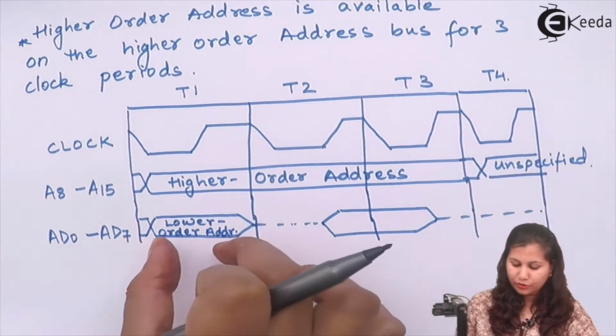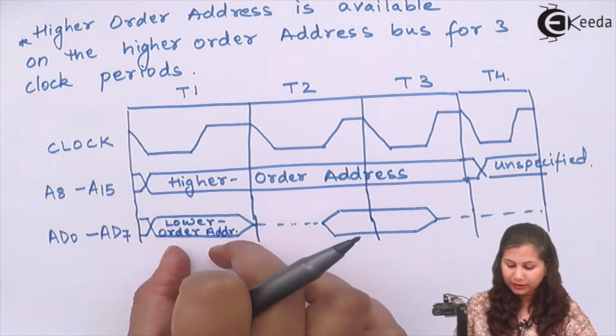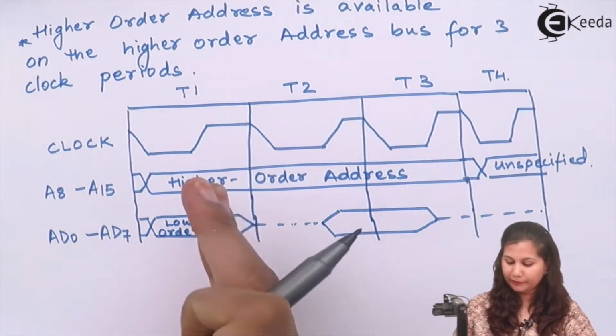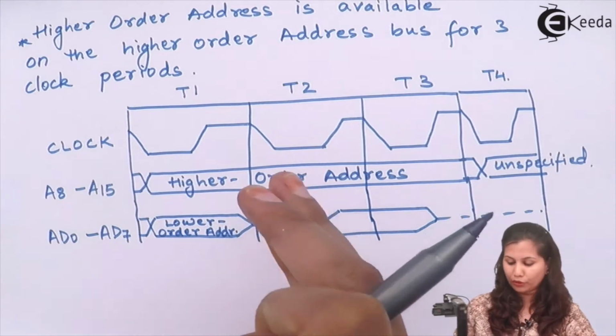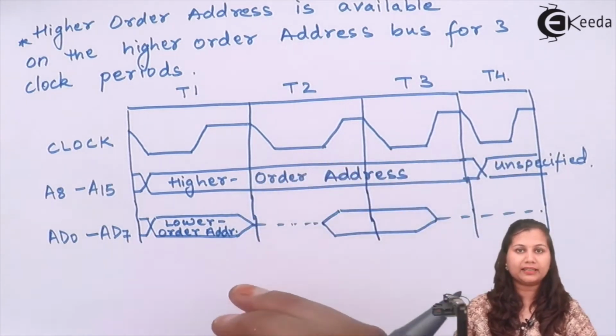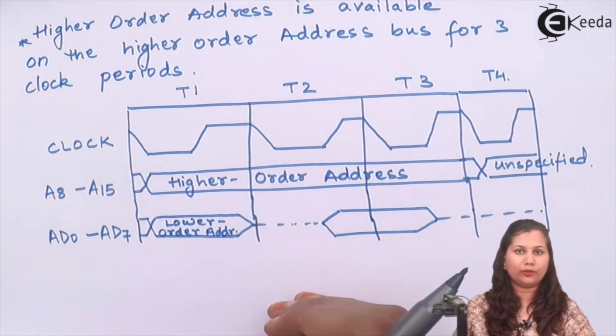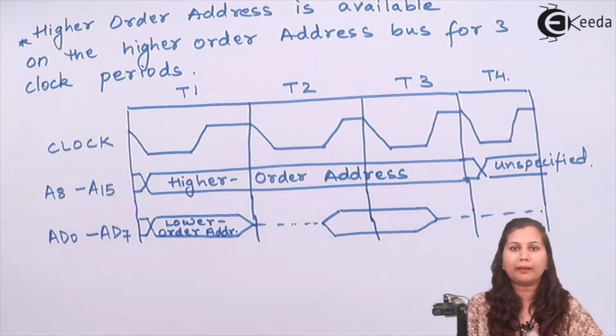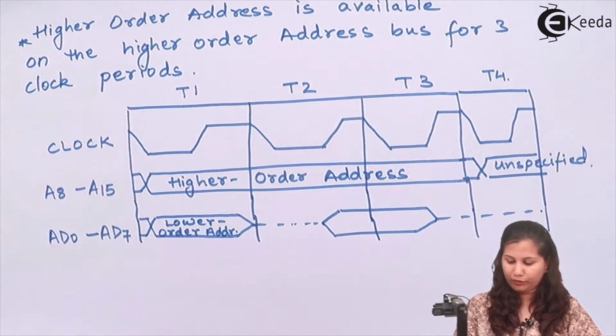So there is a need to latch this lower order address, to make it available to the microprocessor for 2 or 3 T states, so that the microprocessor can combine both the higher order and the lower order address and get the combined address of the memory location.